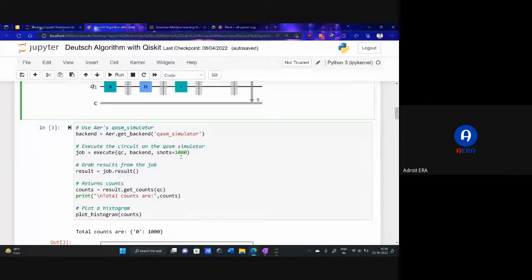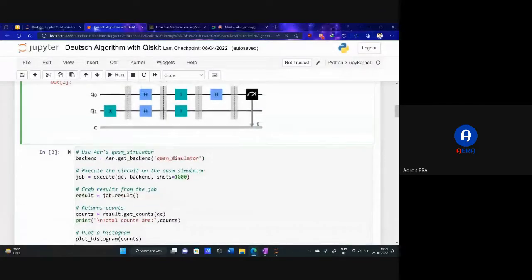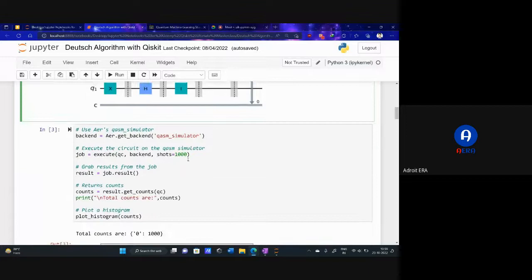So we run the circuit many times, we collect all the occurrences, and then we find out how many times each particular state appeared. For the Hadamard, ket 0 plus ket 1 divided by root 2, ket 0 appears approximately 50% of the time, and ket 1 approximately 50% of the time. In a similar way, all the other circuits will also give you a probabilistic result like this after measurement. So that is the meaning of shots.